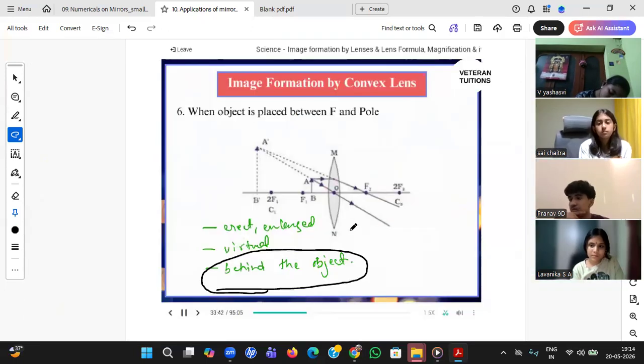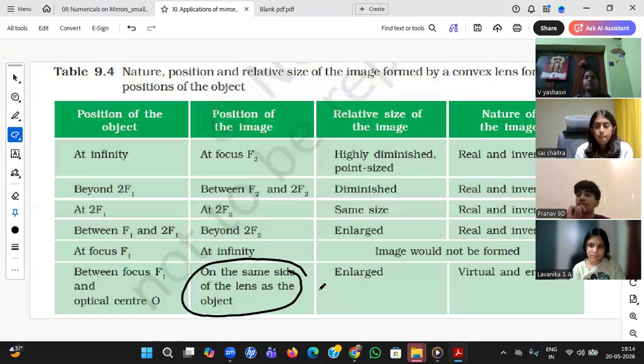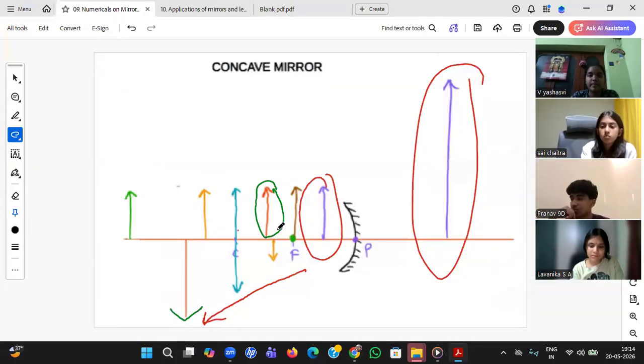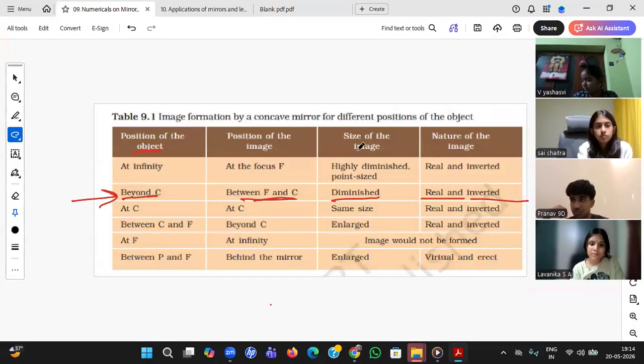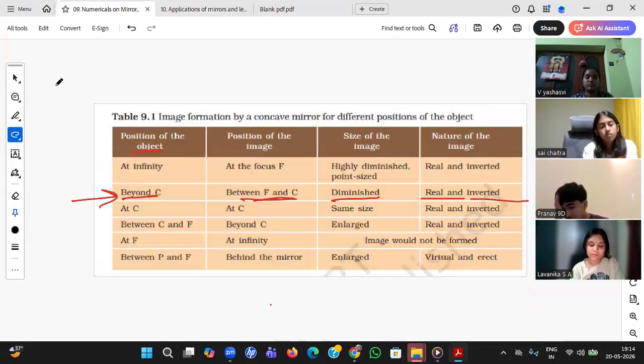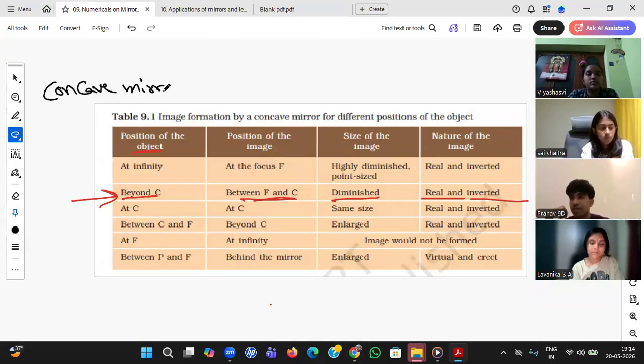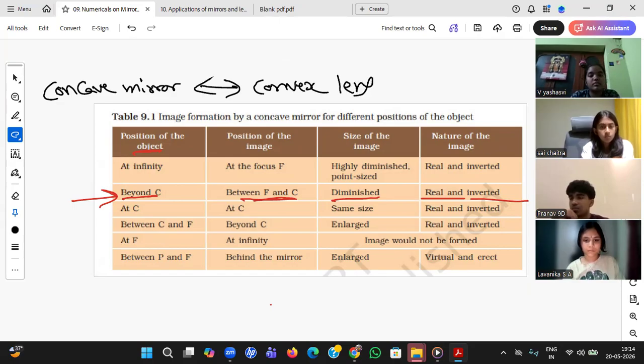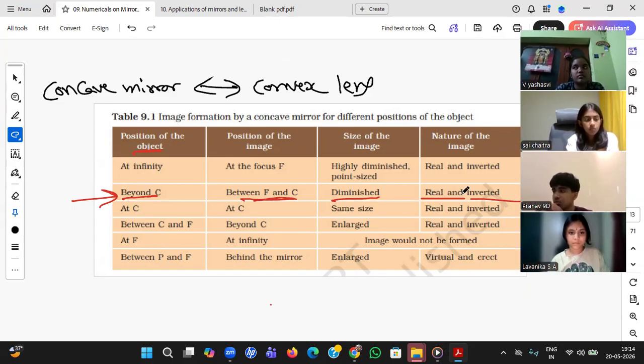So students, for the convex lens, whatever cases you see, it is an exact match with the concave mirror. Now, why like that? Question is, why like that? Concave mirror. You see the name, it's concave. But all the cases are matching with convex lens. Why like that? $1,000,000 question.